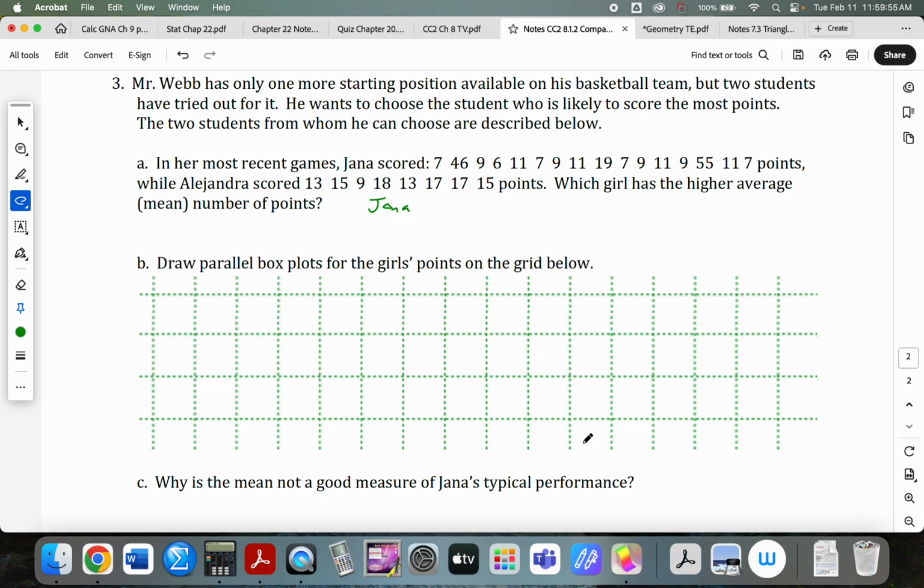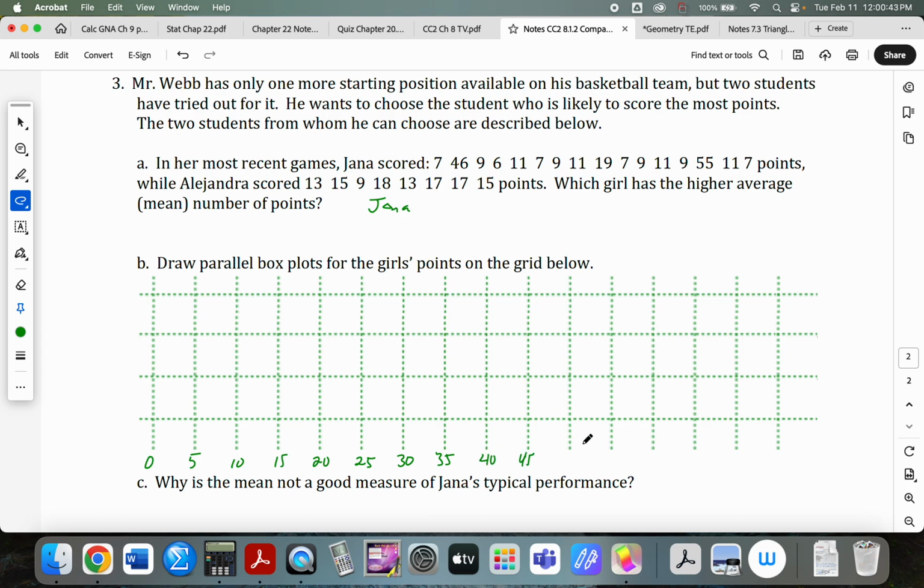We're making box plots right now. She has 16 games.